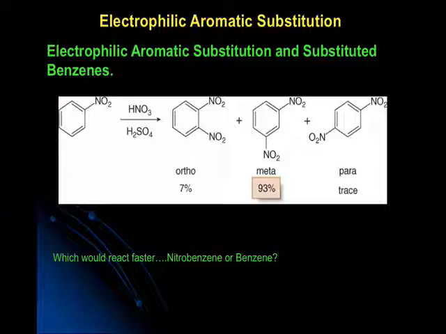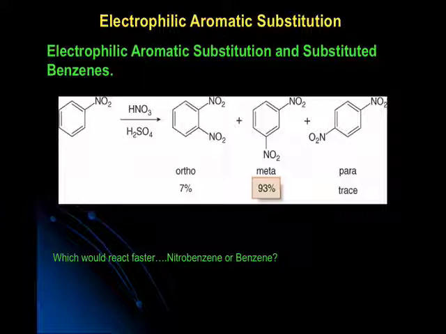What's the electrophile here? NO2 plus, right? We generate NO2 plus, and we get potentially 3 products, right? And she finds out that this middle one, this meta dinitrobenzene, is 93% of the mix.